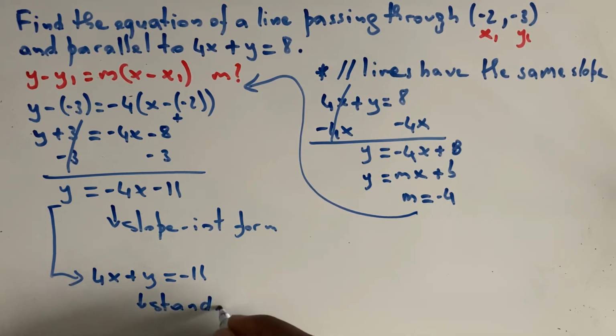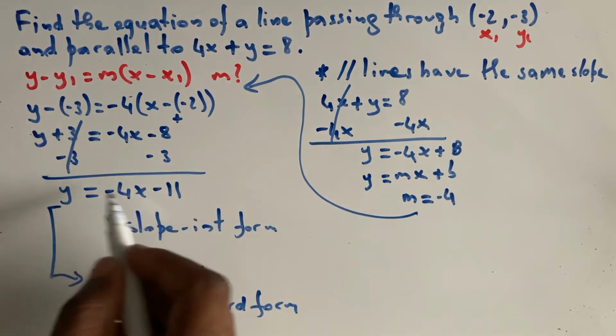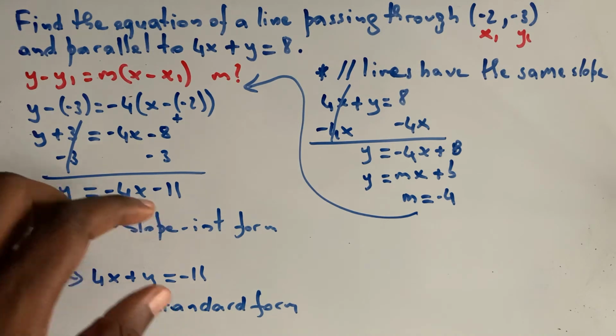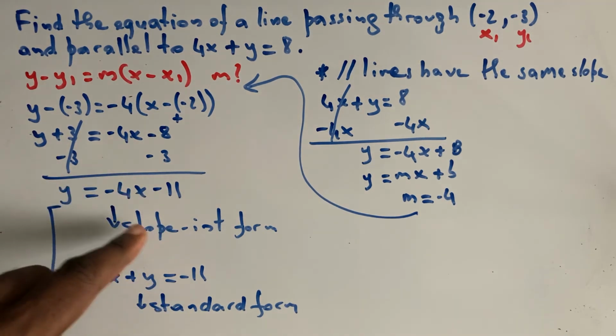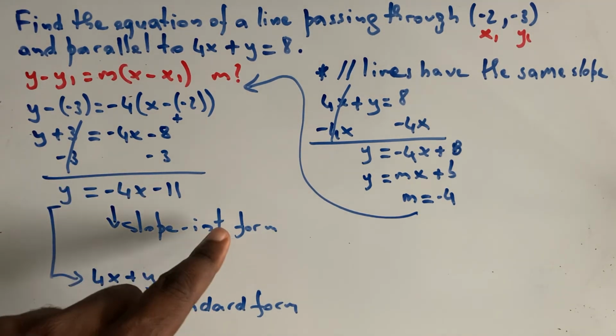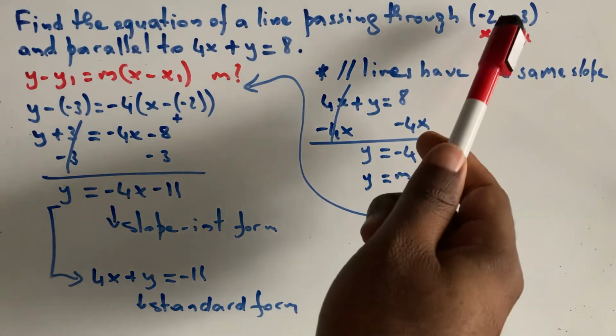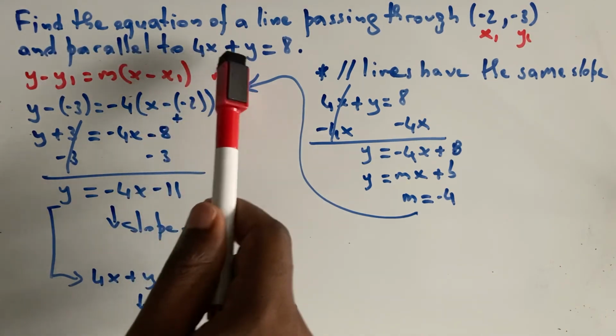By the way, you're done as long as you have the equation, but I'm just showing you the forms. If they want the slope-intercept form, this is how you write it; for standard form, this is how you write your answer. But the key here is to know how to find the equation of a line passing through a point and also parallel to another line.